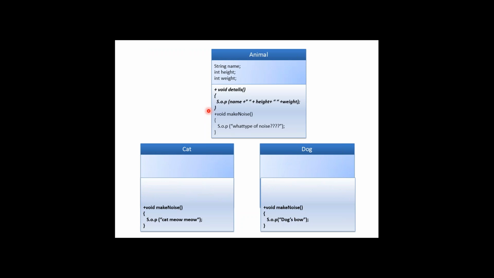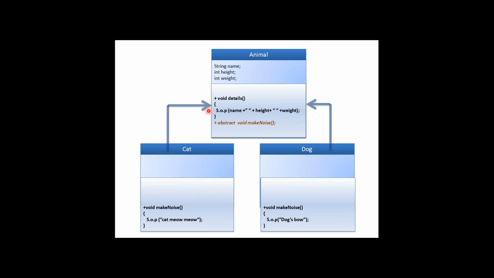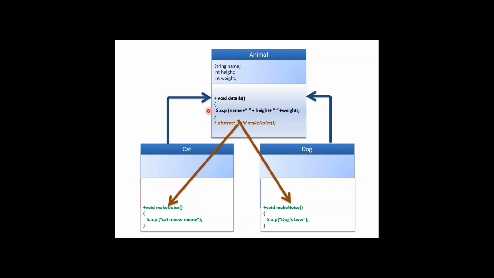But you cannot be specific that all the animals will make the same type of noise. So what you do is you mark the make noise method as abstract. That is, you cannot define the functionality for make noise at this point, and it will be overridden. Clear with this? We need to override it in the child classes.